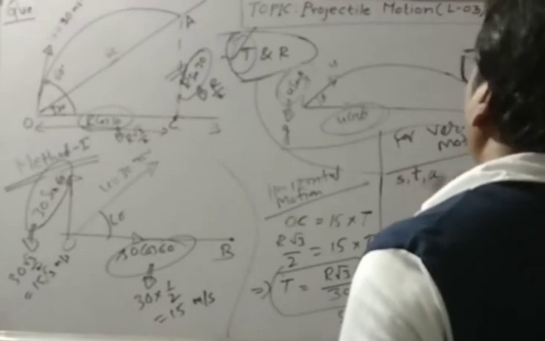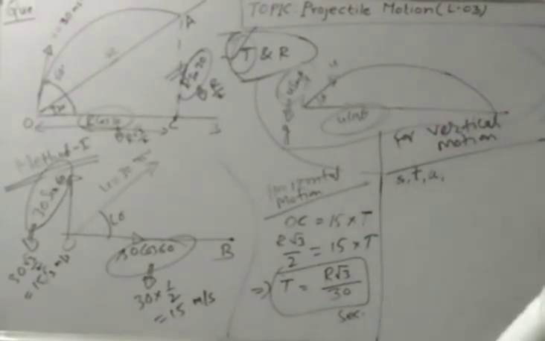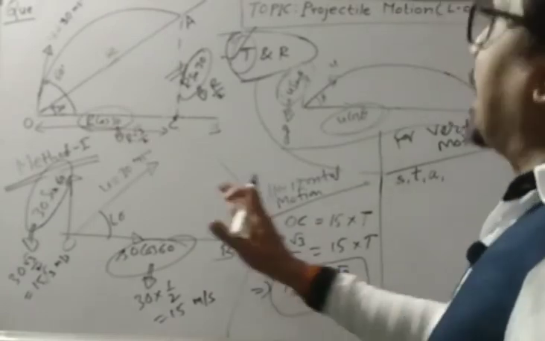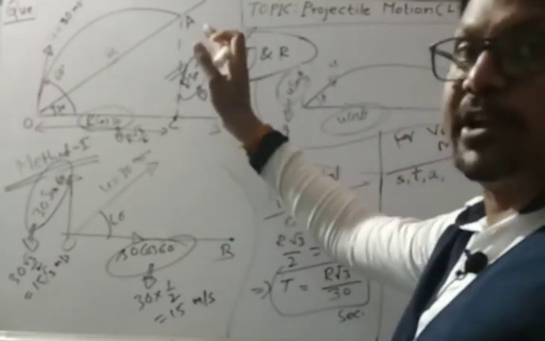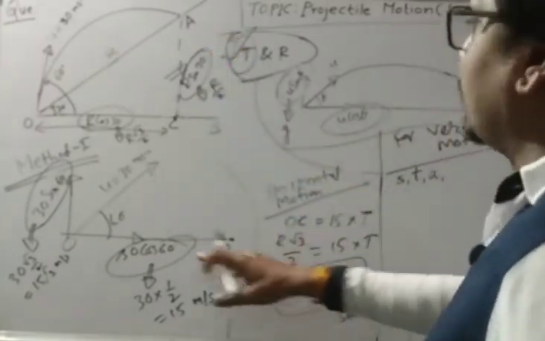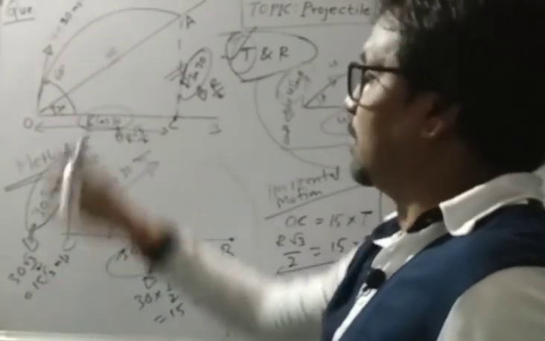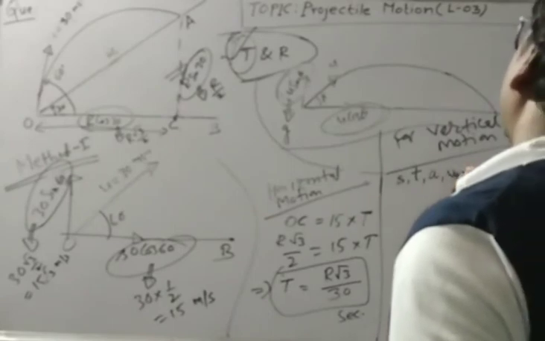So you know the acceleration also, and you know the initial vertical velocity u, that is 15 root 3.